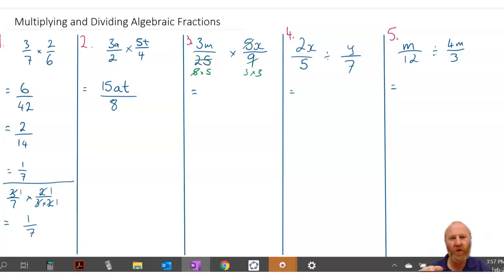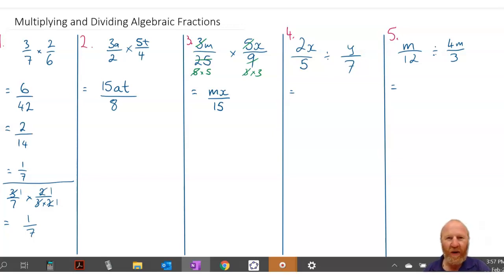So long as one's on the top and one's on the bottom, it doesn't matter which fraction they're in. One of these can cancel with one of these, so there's 3's cancelled, there's 5's cancelled. Nothing else cancels now, and I can go and put this all together. There's an m left here, there's an x left here, so I have mx over 5 times 3 is 15. And that's a lot easier than dealing with numbers as large as 225.